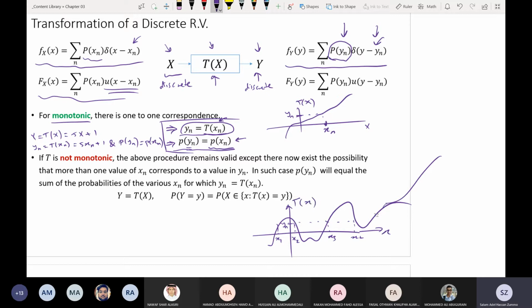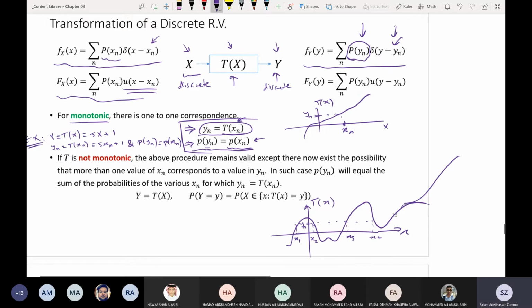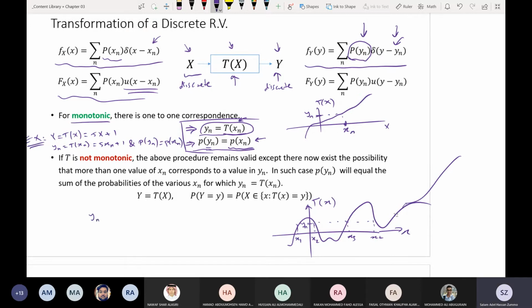Now for every value of y, so here y_n corresponds to four values of x, which are x1, x2, x3, and x4, right?